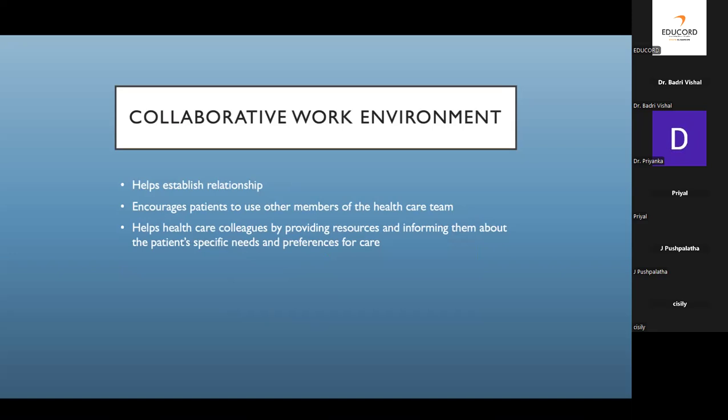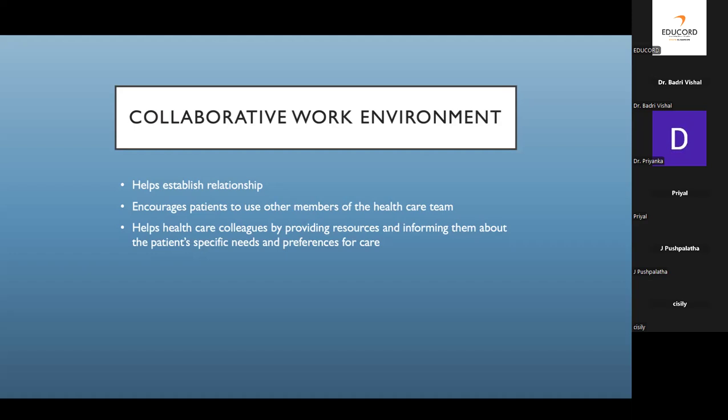Sometimes when a doctor is referring the patient to you, they'll make a personalized phone call, or they'll put up a message to your personal number that I have referred this patient to you, and this is the condition, and I have seen him or her. Do what best you can. They have given you every information and they have asked you to do what best you can.